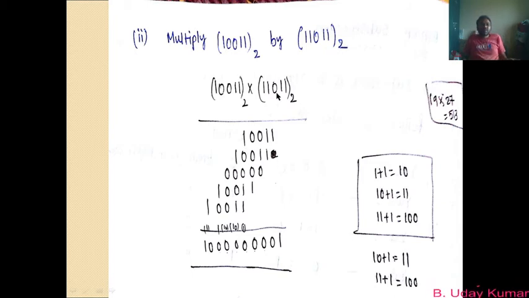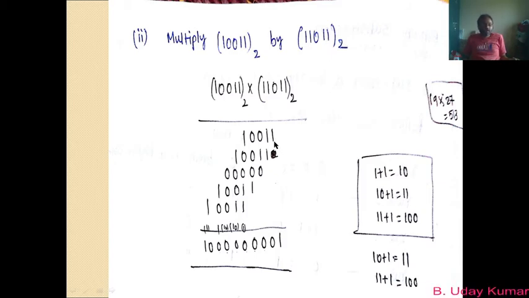When the entire 10011 is multiplied with 0, you get complete 0, but it starts from the third column. Similarly, when it is multiplied with 1, the same number is repeated, and again with 1 the same number is repeated, but in each multiplication the number starts from the next higher order column, so that you try to get it.